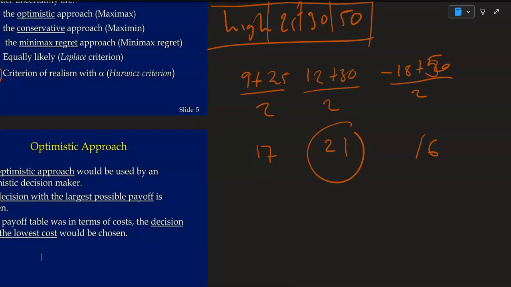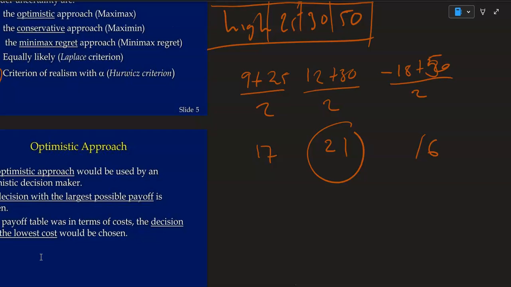What you call the coefficient of decision, right? All right. So that particular coefficient is described as alpha. The coefficient of optimism is denoted by alpha.